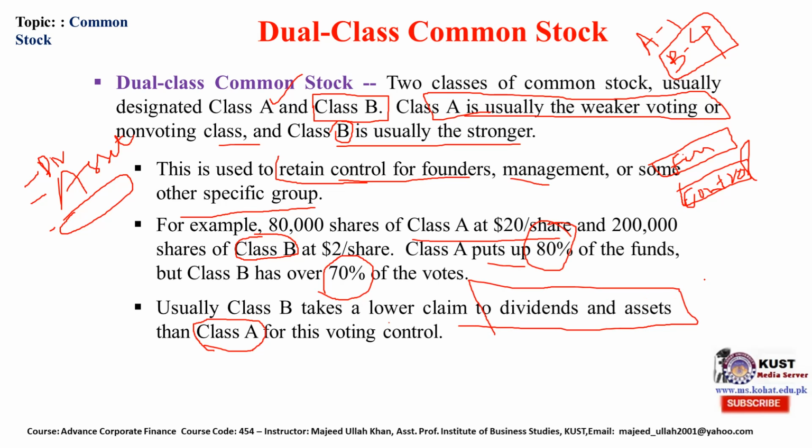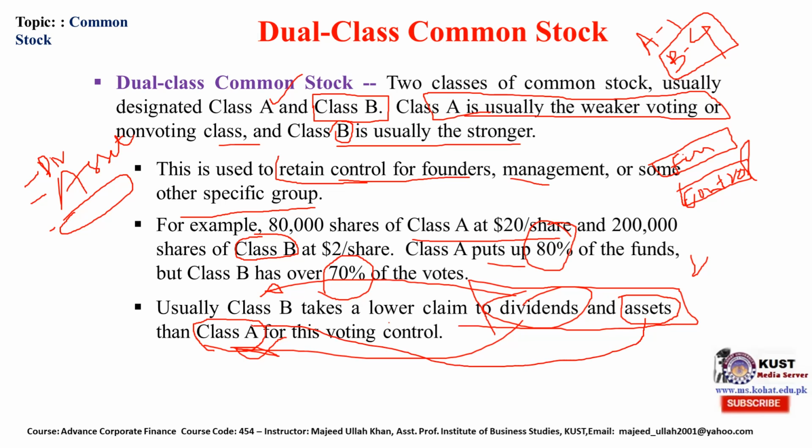Lower claim how? In case of earnings, first dividends will be paid to Class A, then dividends will be paid to Class B. But in case of liquidation, when the company becomes bankrupt and the liquidator sells the assets, first of all they will settle the claim of A. If any residual amount remains with the liquidator, it will be paid to the Class B shareholders.